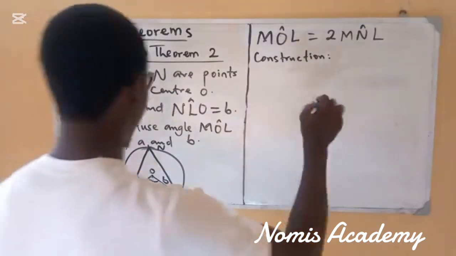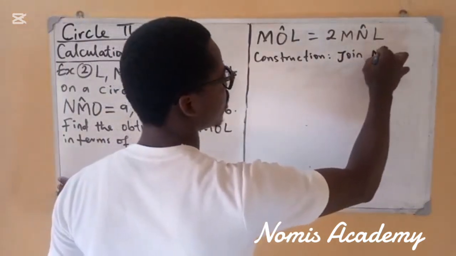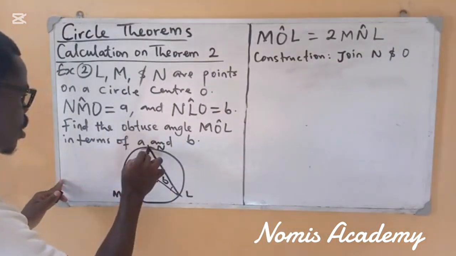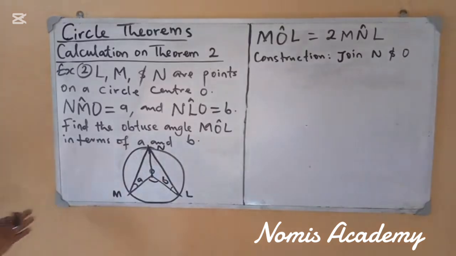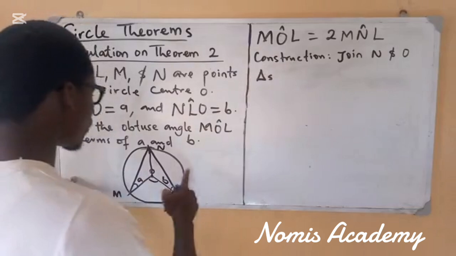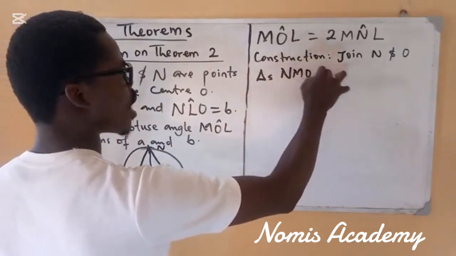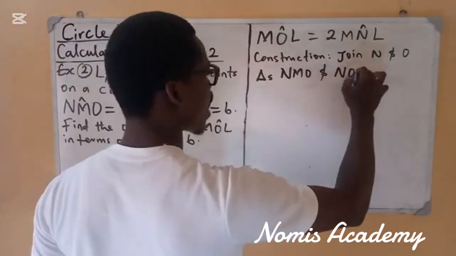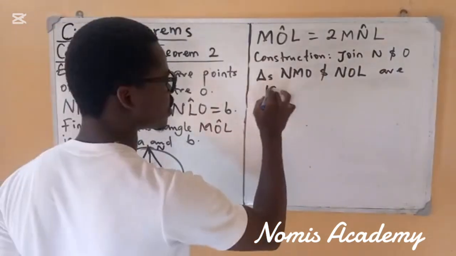Now we can do some simple construction. Join N and O. When you join that, you form 2 triangles. So we can now say that the triangles NMO and NOL are isosceles.